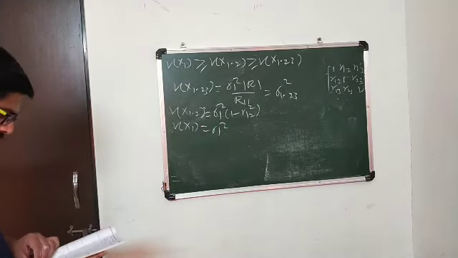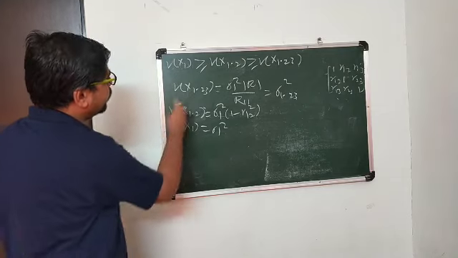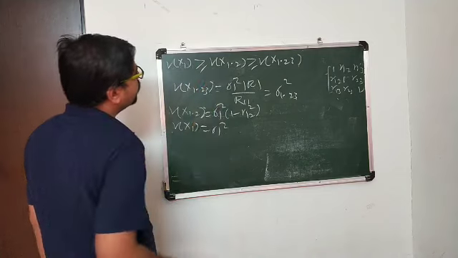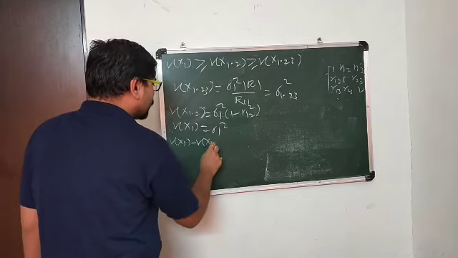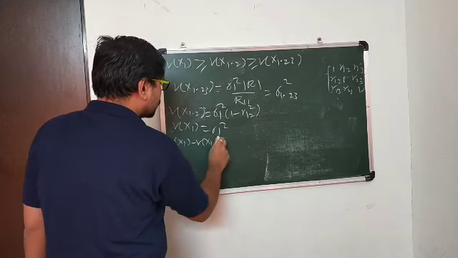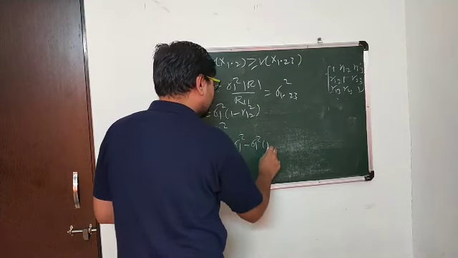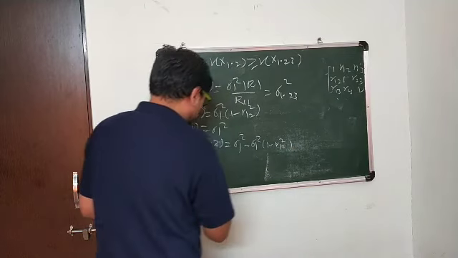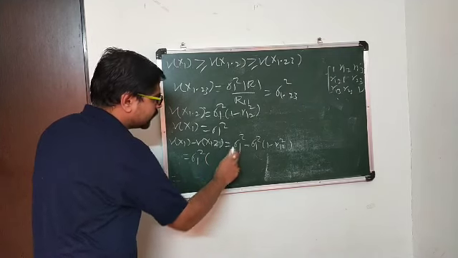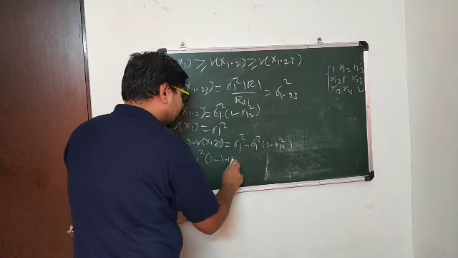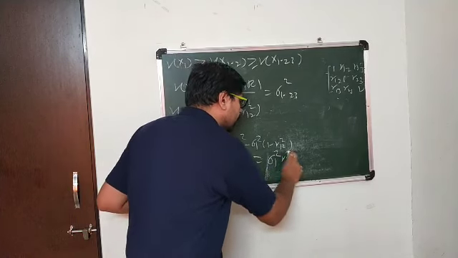Now we have to show that the variance of x1 is greater than this. So we consider the variance of x1 minus the variance of x1.2. The variance of x1 is sigma 1 square minus sigma 1 square into 1 minus r12 square. Taking sigma 1 square outside, 1 minus 1 plus r12 square, it is equal to sigma 1 square into r12 square.